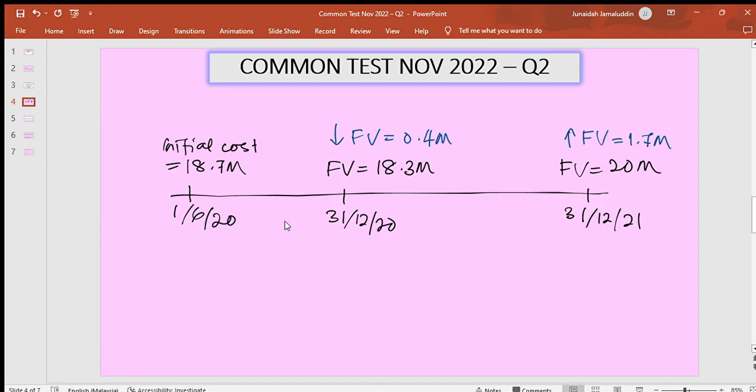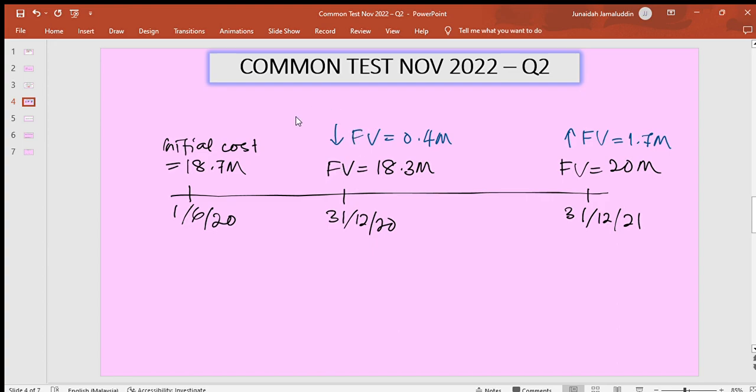And other than that, the question also gives the fair value of the property on 31st December 2020, at the end of the year, amounted to 18.3 million. Okay, dekat sini we know that there is a decrease in the fair value, right?